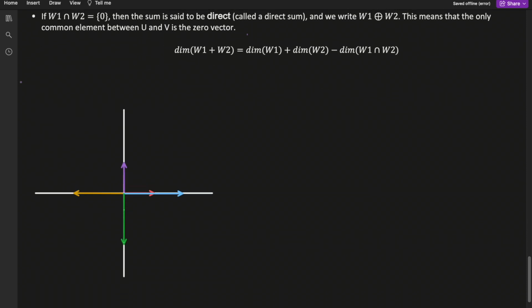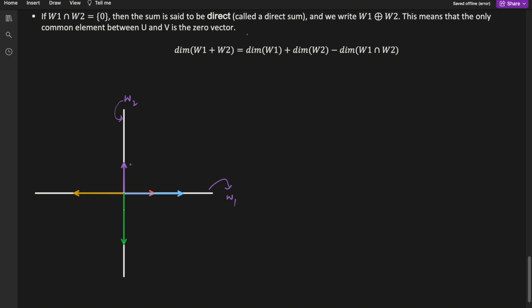We have seen this scenario in the case of union. This is our W1 subspace, that is the x-axis, and this is the W2 subspace, that is the y-axis. Now you take any two vectors from W1 and W2. For example, I take this red vector and this purple vector.